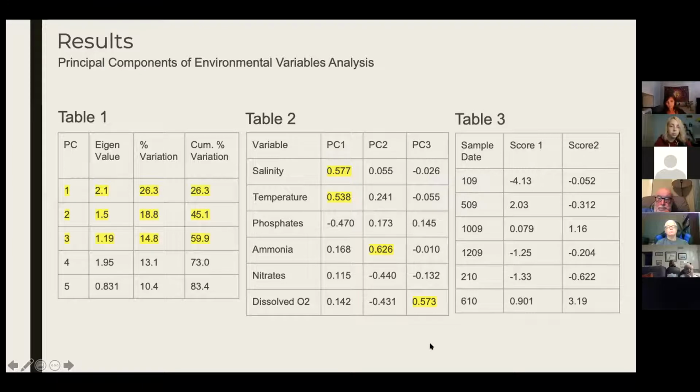Now, I'm very encouraged by this, the salinity and the temperature, because we teach all of our brand new, from the very beginning, marine scientists, that this is what drives the majority of the patterns in the ocean, right? So this makes sense. Yes, salinity and temperature should explain most of the patterns that we're seeing in the environment.